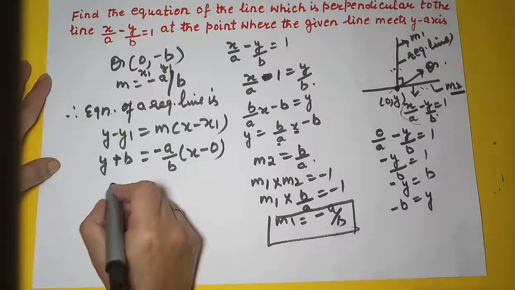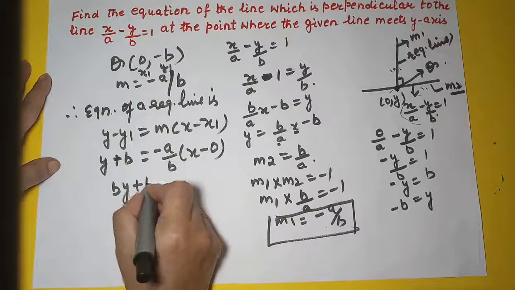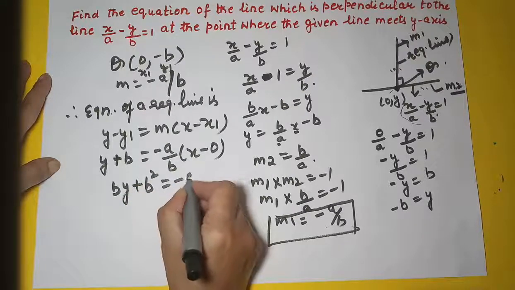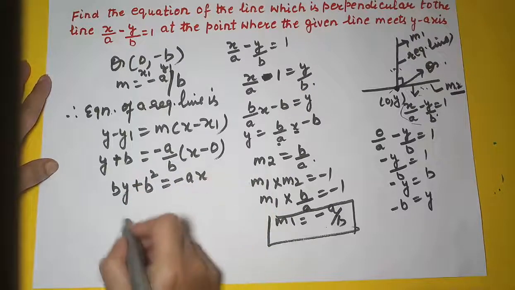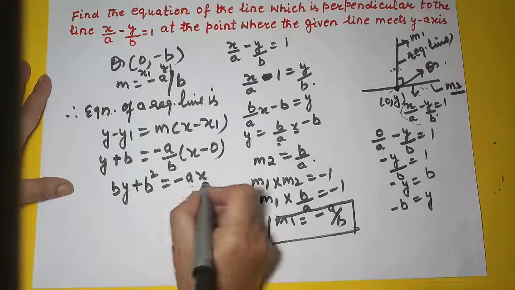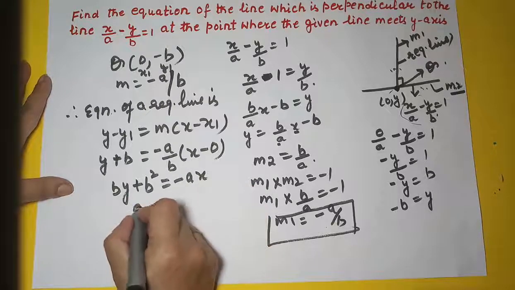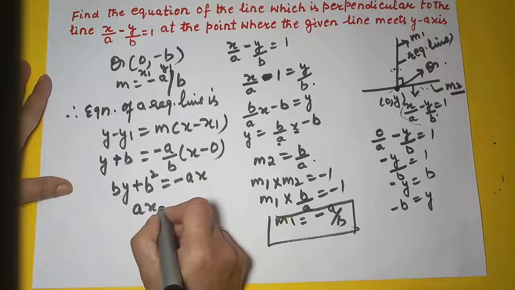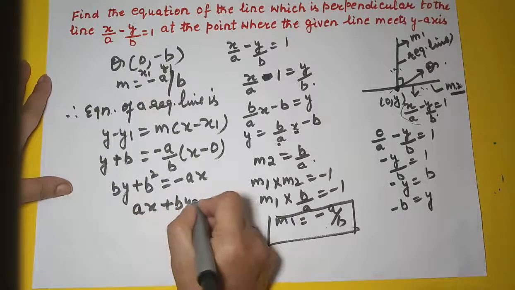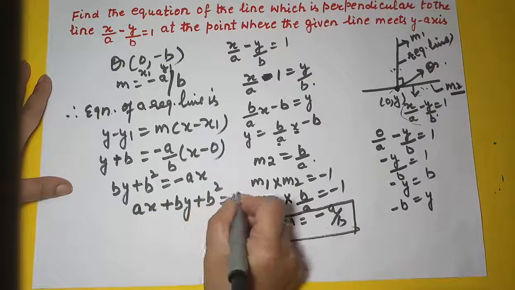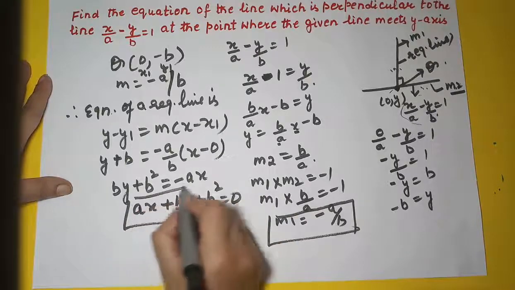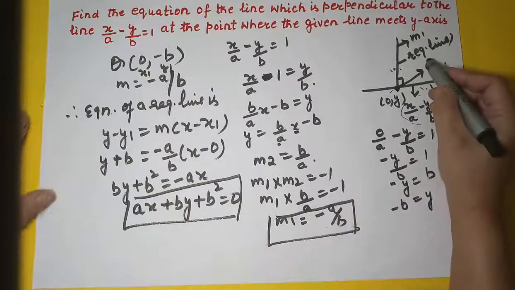So cross multiply, we get plus b square is equal to minus ax. Shift this x term here, because we always have the x term on the left side. So ax plus by plus b square equal to 0 is the equation of your required line.